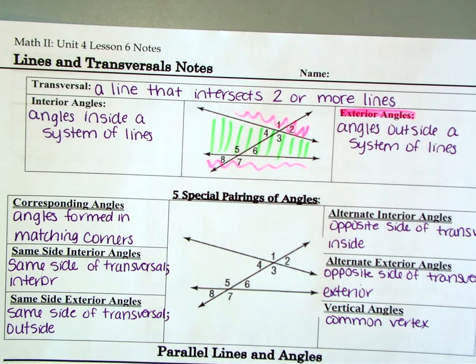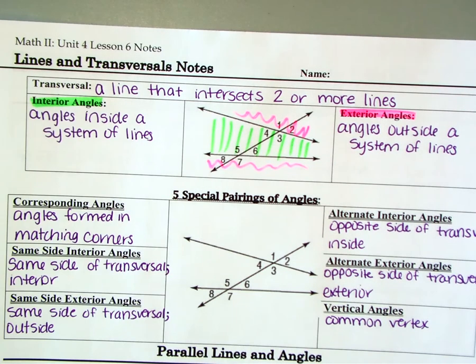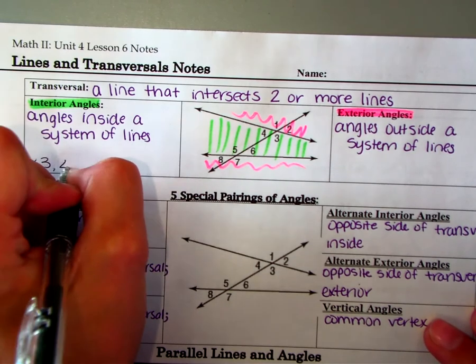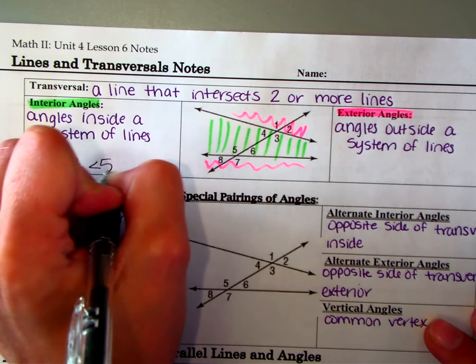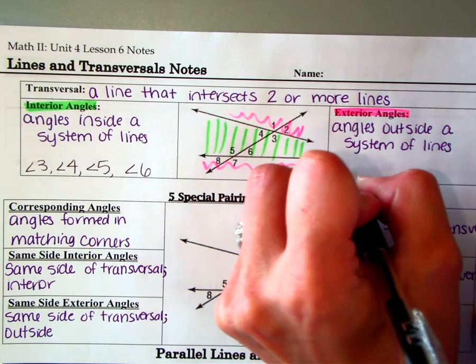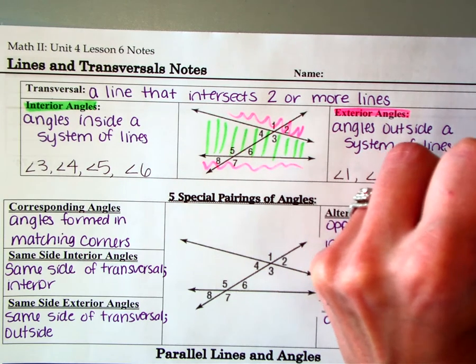My interior, I highlighted in green. And so we'll list those out. Interior angles would be angle 3, angle 4, angle 5, and angle 6. My exterior angles would be angle 1, angle 2, angle 7, and angle 8.